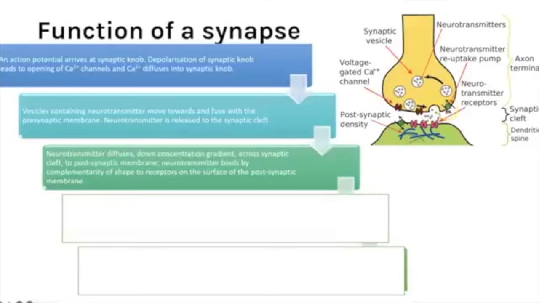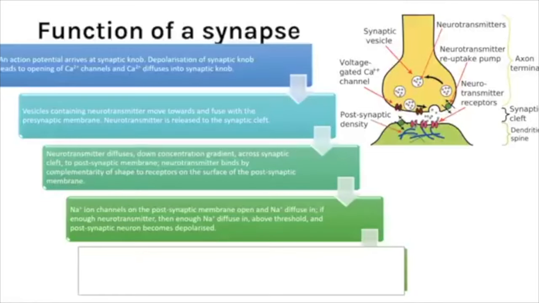Because we have a high concentration of the neurotransmitter where they've just been released, they'll then diffuse across to the postsynaptic membrane. And on the postsynaptic membrane, there are receptors, complementary in shape, for those neurotransmitters to bind to. When those neurotransmitters bind to the receptors, it causes the sodium ion channels on the postsynaptic membrane to open.